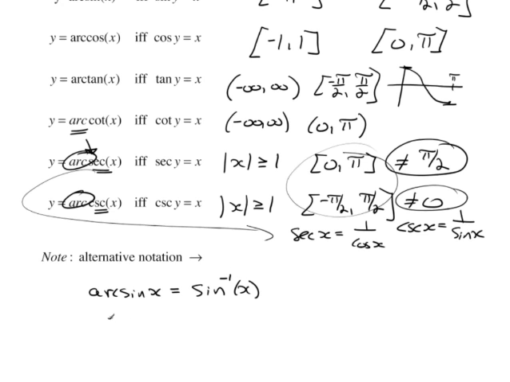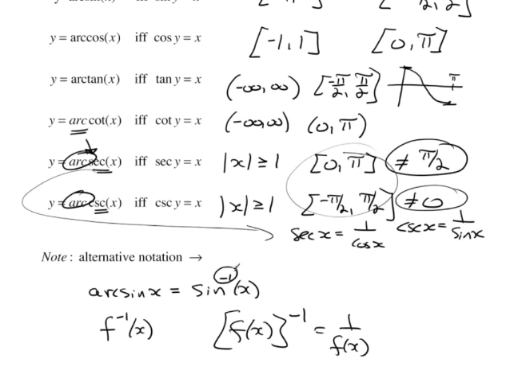Remember f of x, if we found the inverse of f of x, it was f with a -1 in the exponent's position. But that's not really an exponent. If I wanted f to the -1, I would write f of x to the -1. That would give me 1 over f of x.